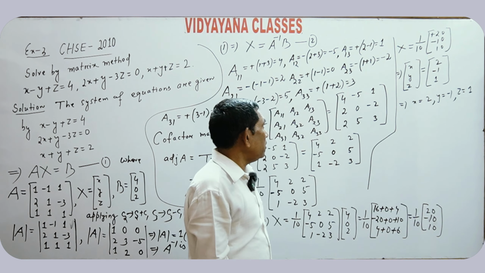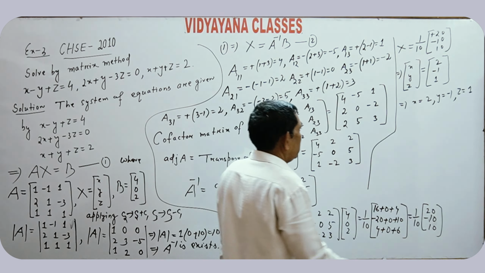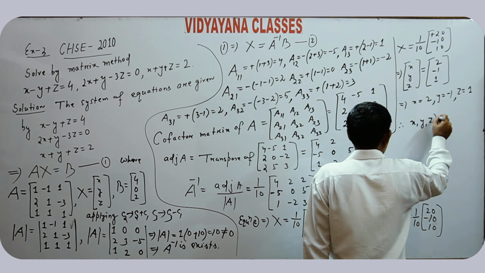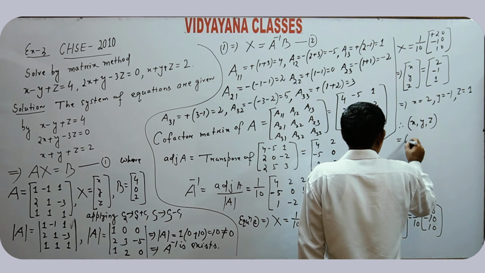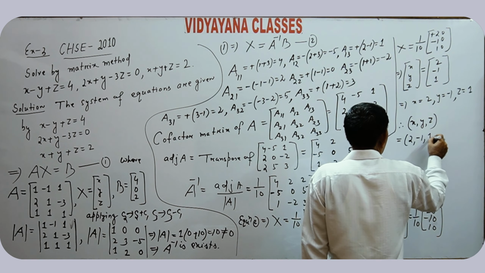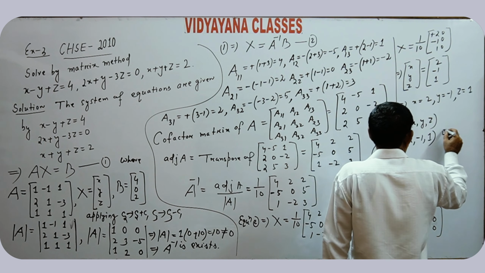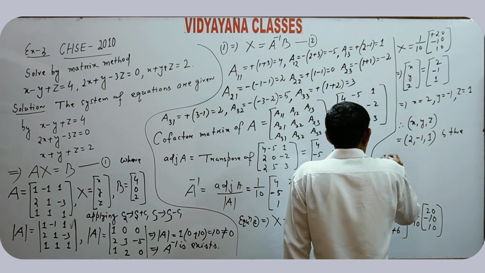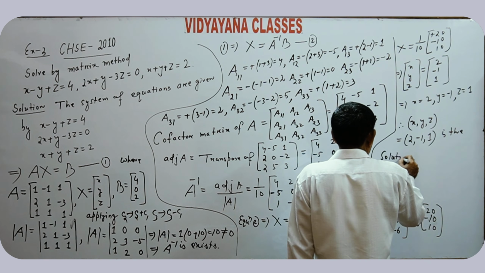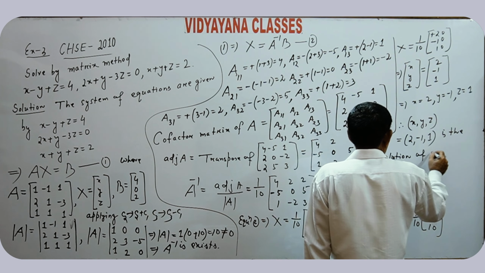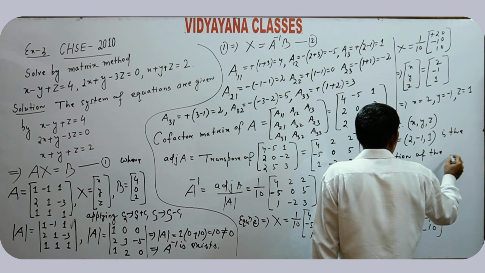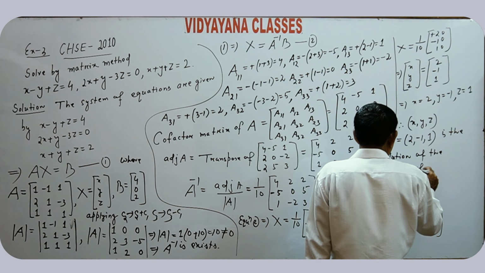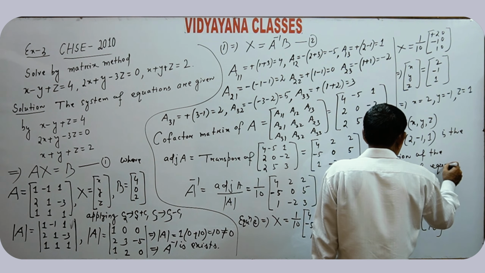This is the solution of the system of equations. Therefore, x, y, z is equal to 2, minus 1, 1 is the solution of the system of equations.